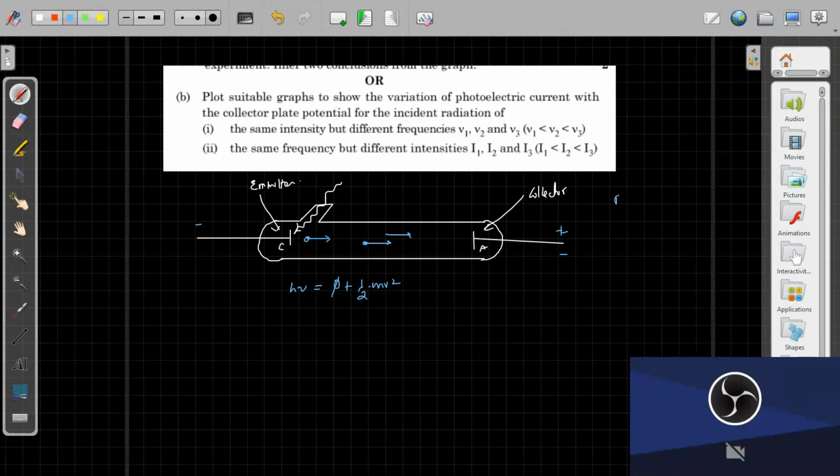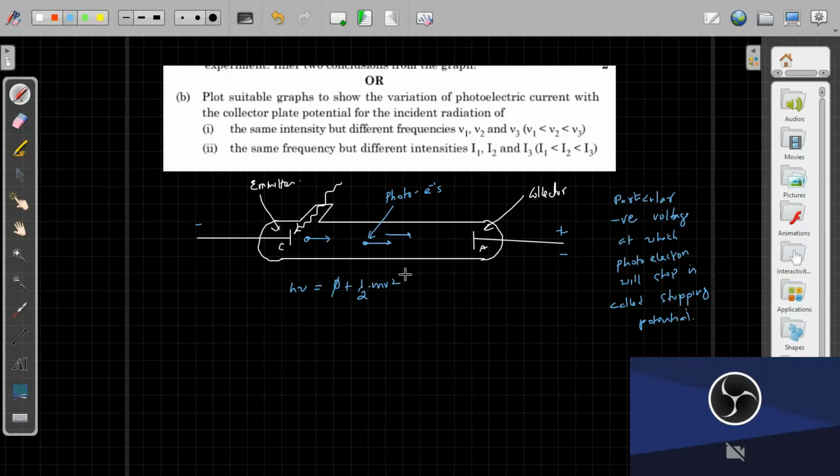So a particular negative voltage at which these electrons, called photoelectrons, will stop reaching the collector completely is called the stopping potential.